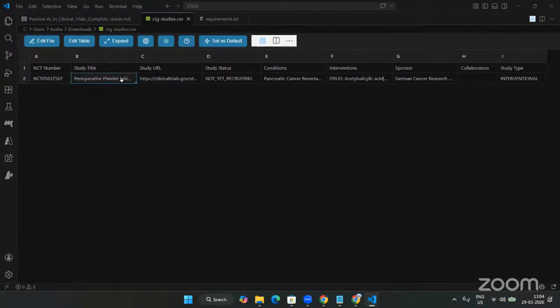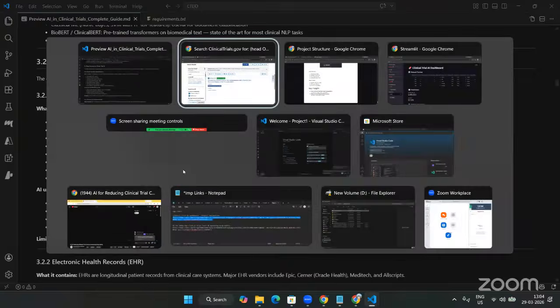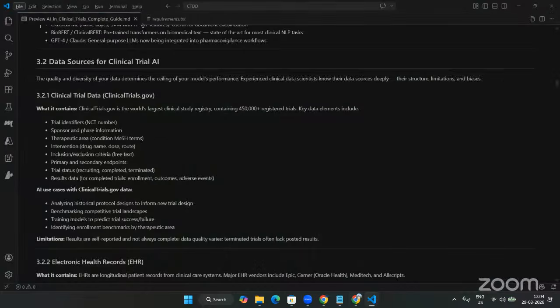Okay, only one record you can see here. So from here, we need to put in more filters and get the desired data. This is one of the sources for data purposes.